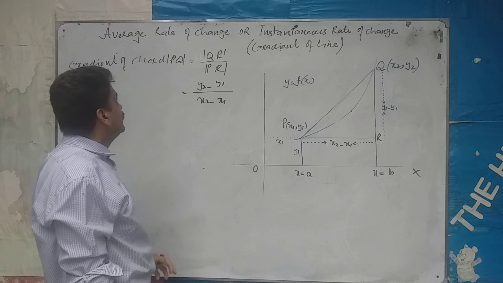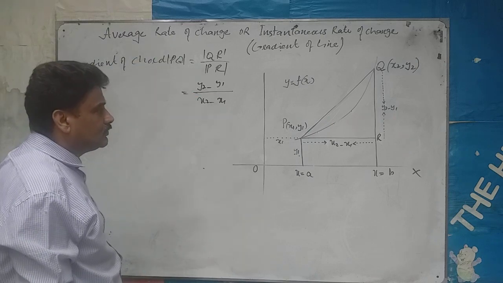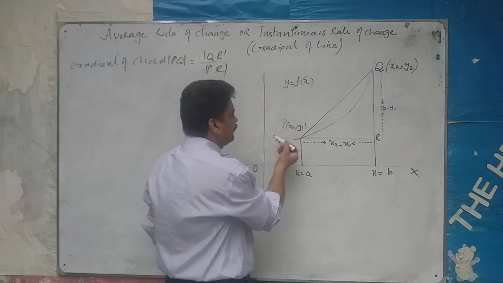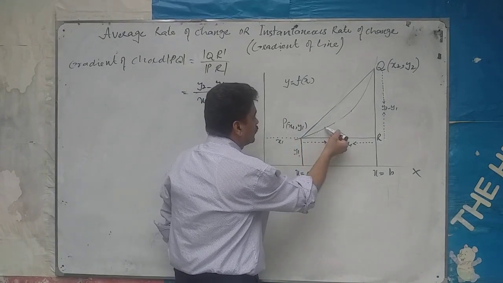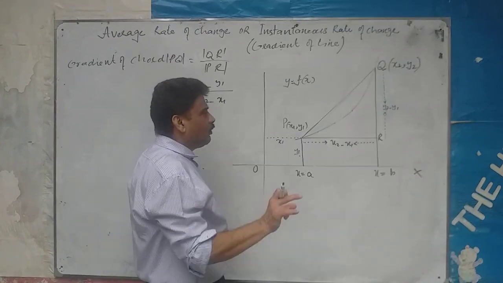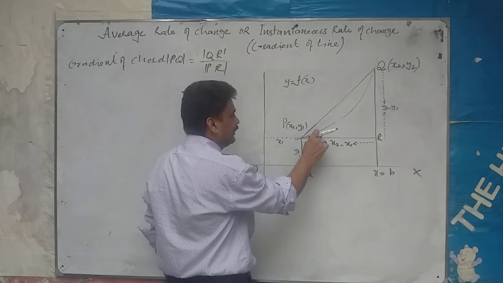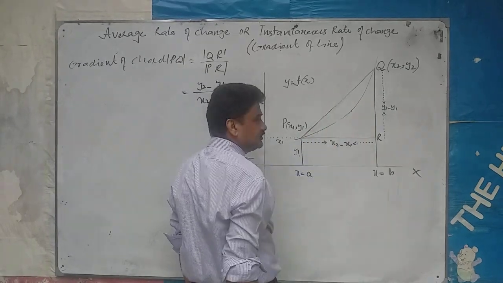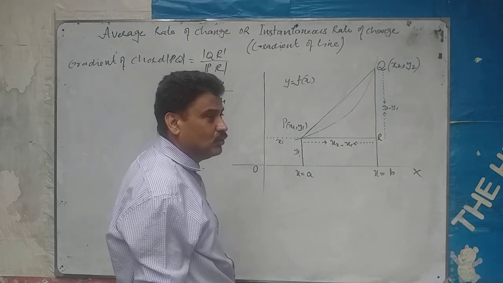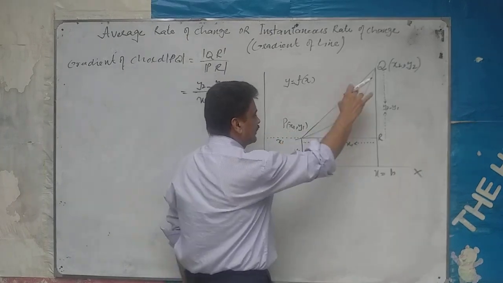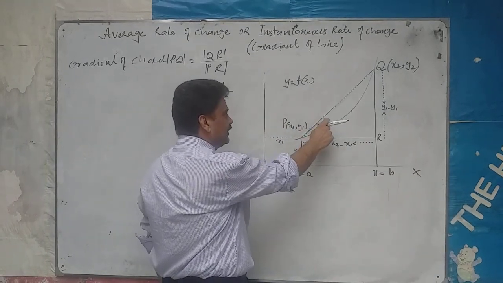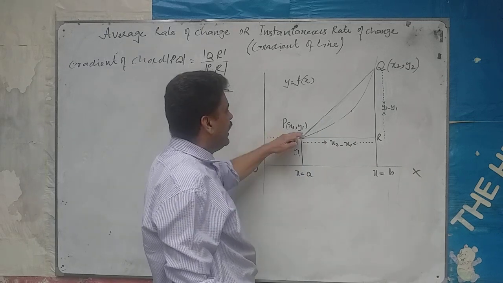We call it average rate of change because we observe that as we move from point P to Q along the curve, the y coordinate of each point on the curve will change due to change in x.